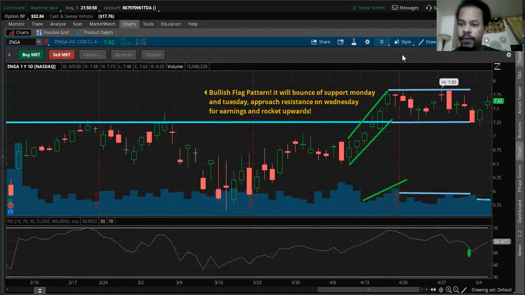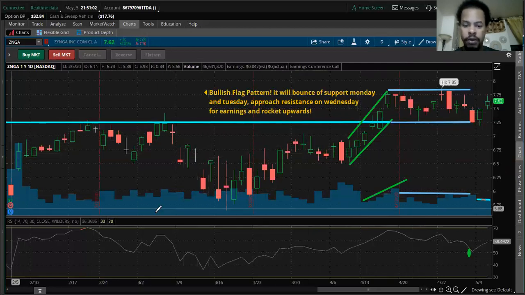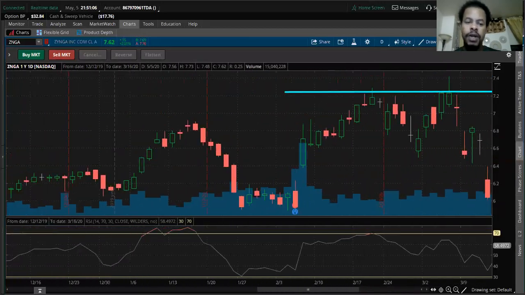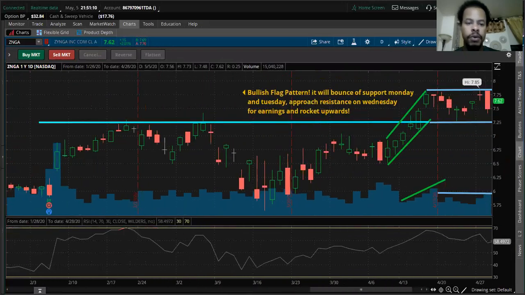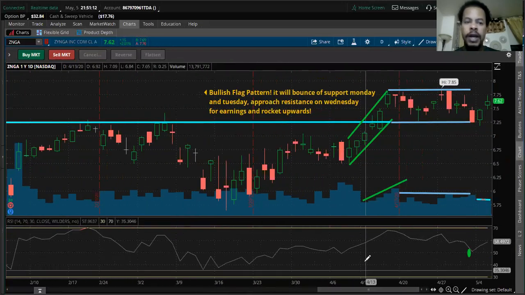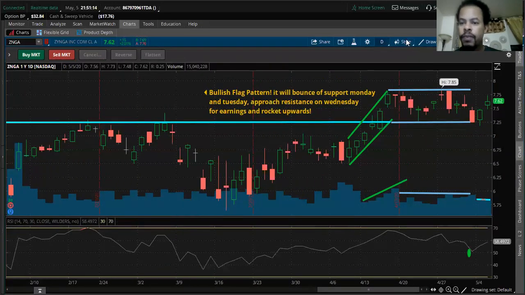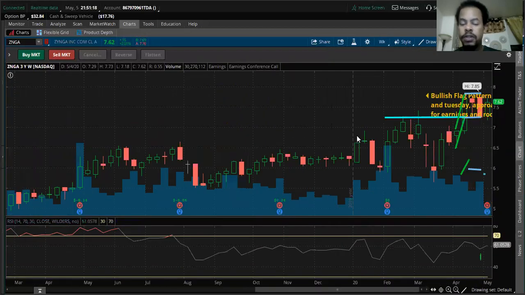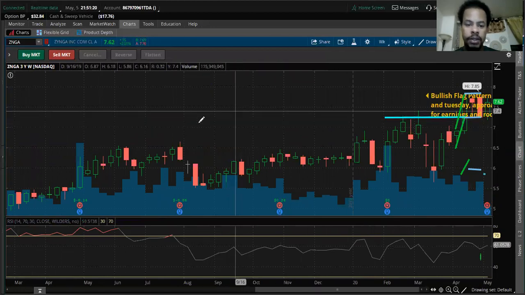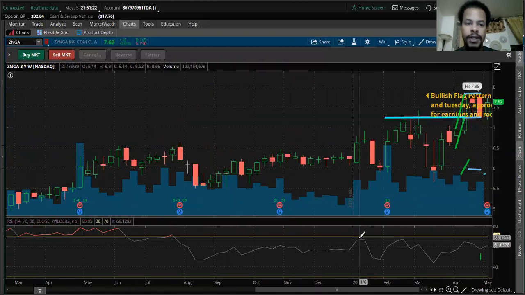So for me, this is the daily. Over here, I'm focusing on about 3 months of data. But for the daily, you usually want to look at the year. So I have the year here, but I'm not focusing on the whole year, I'm just focusing on the last 3 months. But you want to use your weekly. This is what it looks like on the weekly, and for the weekly, you want to look at least 3 to 5 years.